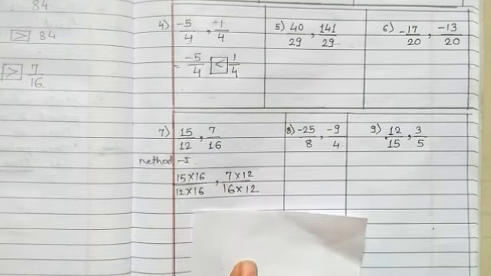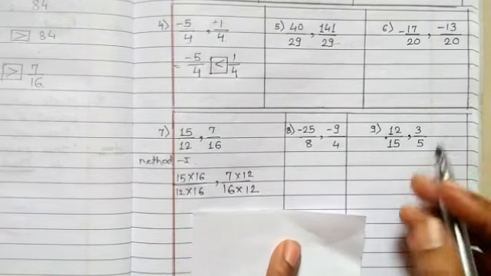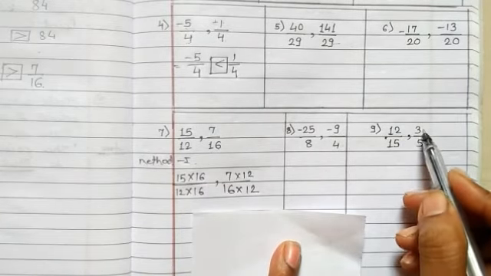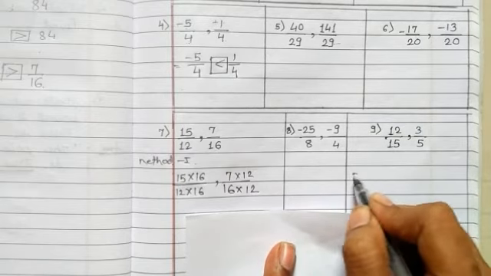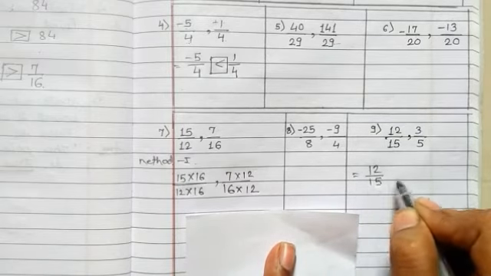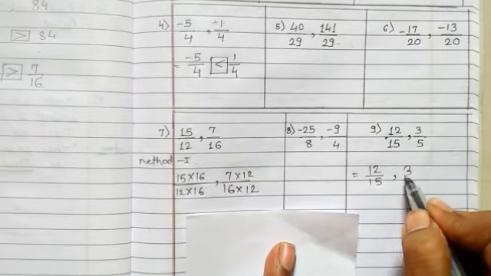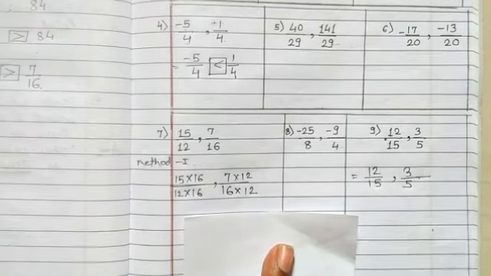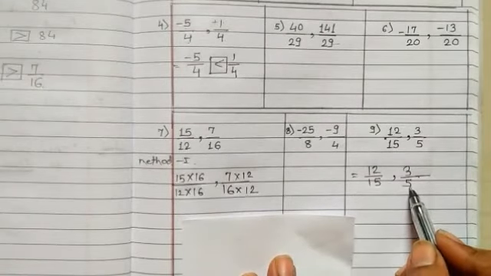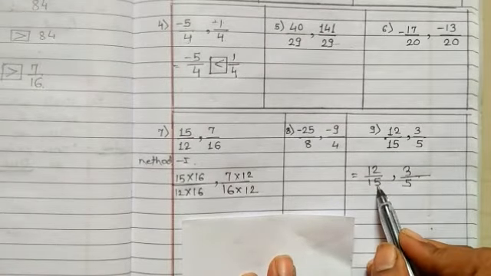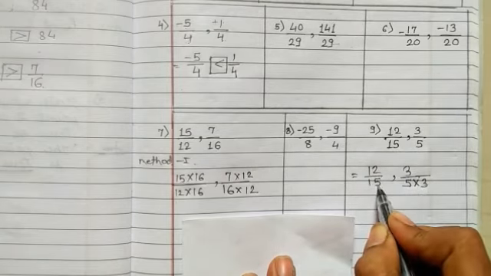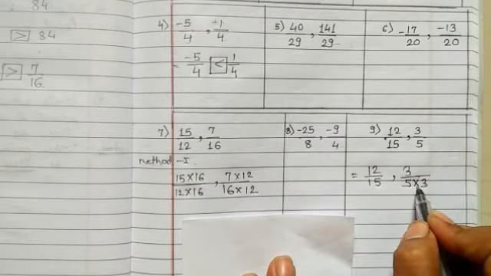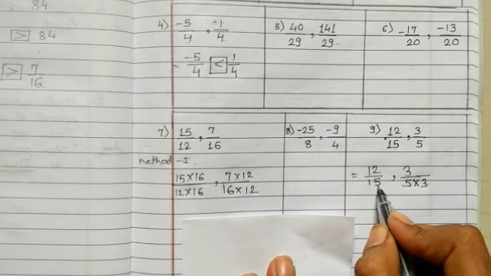Now let's see question number 9, where the first number is 12 upon 15 and 3 upon 5. Let me show you. 12 upon 15 and 3 upon 5. Here we can easily make this 5 into 15. How? If we multiply this 5 by 3, then 5 threes are 15, then the second denominator will match the first denominator.